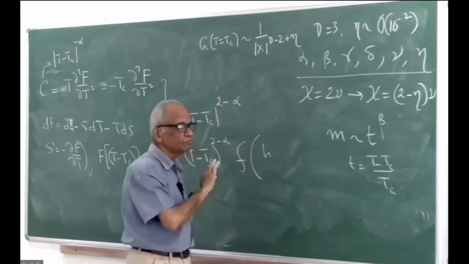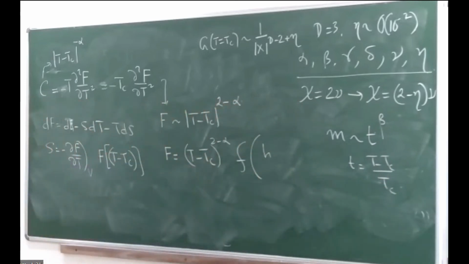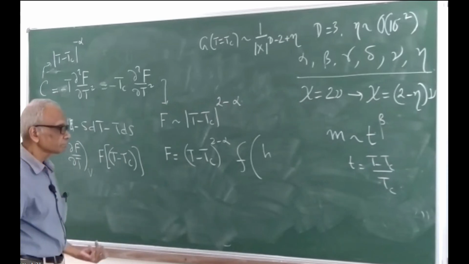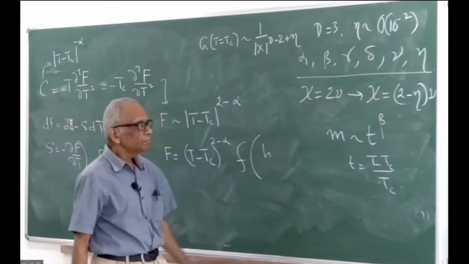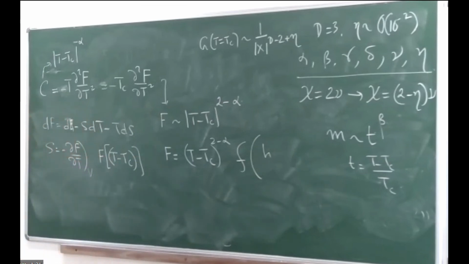It's convenient to work entirely in terms of the dimensionless stuff. So I want the magnetization to be like t to the power beta. Now, what is the magnetization?